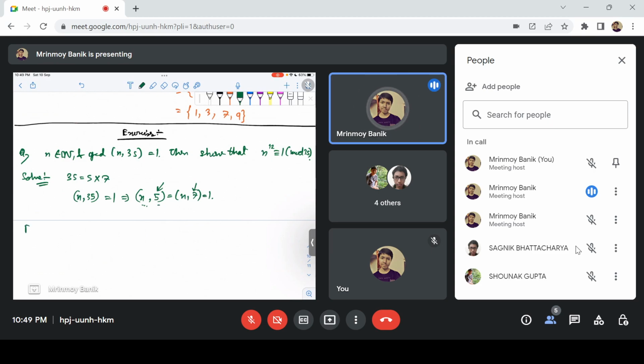So from Fermat's theorem, n power 5 minus 1 is congruent to 1 mod 5, and so is n power 7 minus 1.